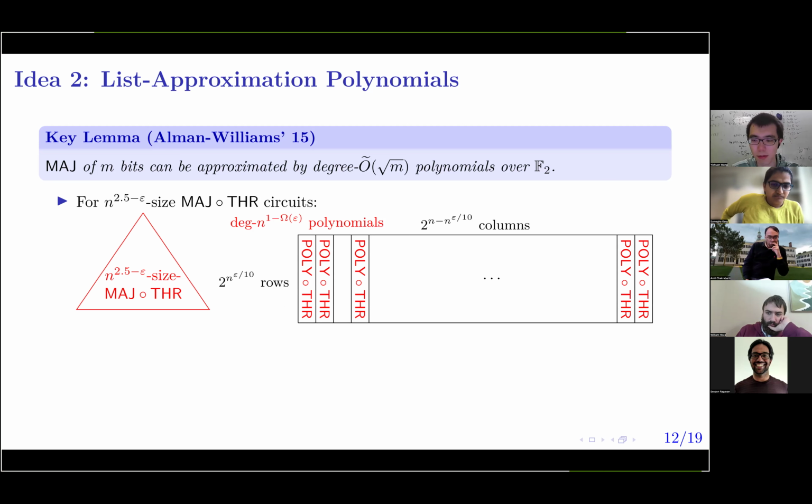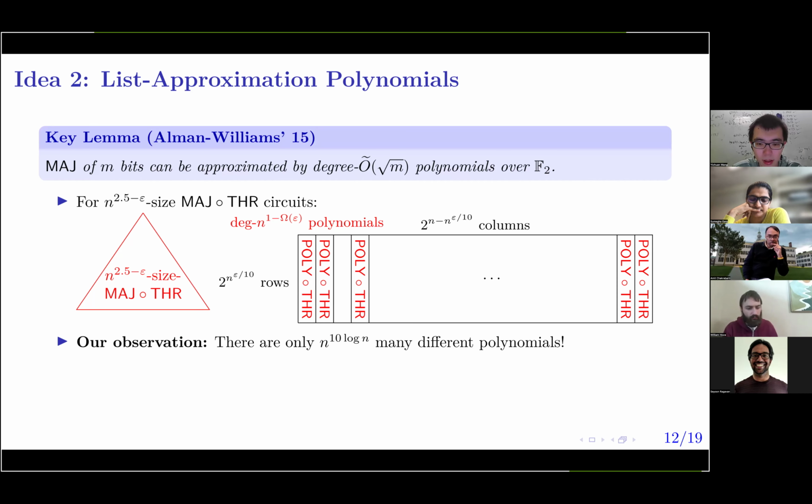Now most columns become polynomial of threshold circuits, and this polynomial is a sublinear degree polynomial. Trivially they can be very different polynomials, but the crucial observation in our proof is that we can actually construct those polynomials in a way that there are only 2 to the n to the epsilon times log n many different polynomials.